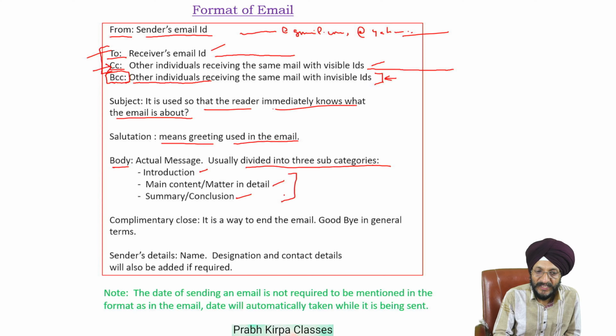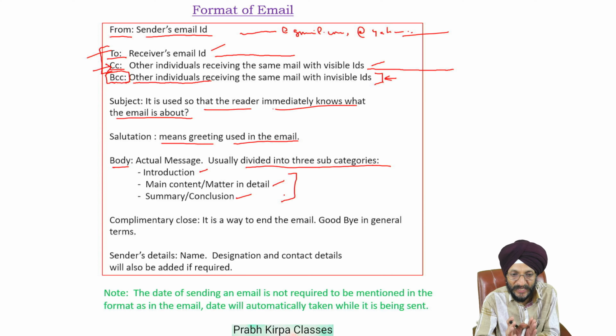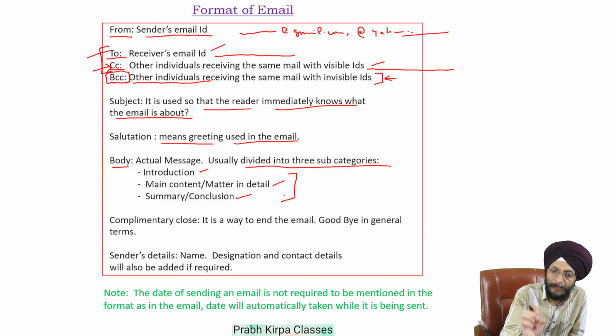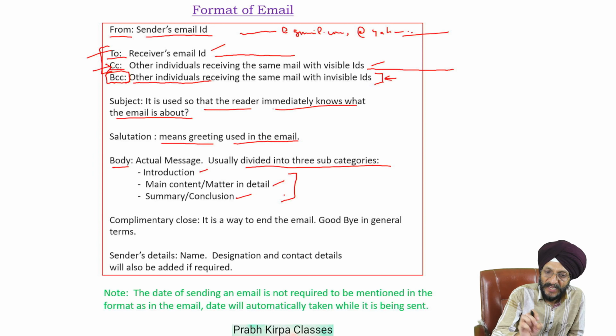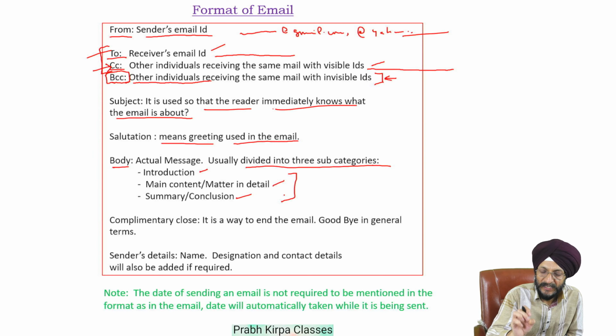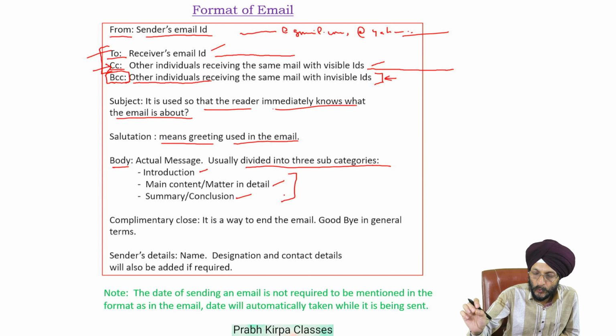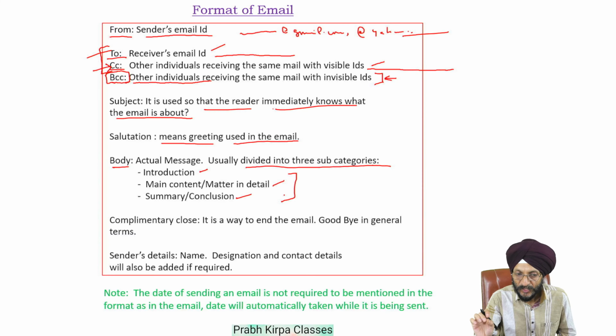It does not mean that each and every email has to consist of 3 parts. It may be possible that you only want to convey a simple line, that is, the time of the meeting has been rescheduled and the meeting will now be held on 28th June at 10 o'clock.